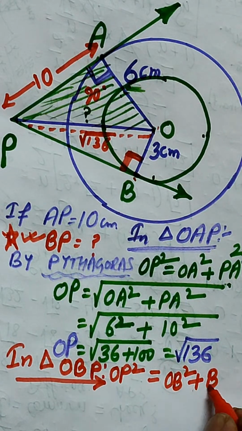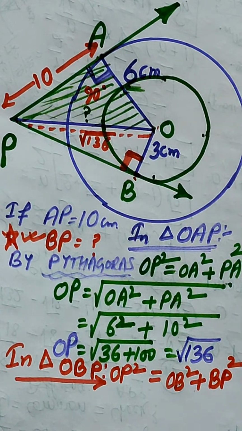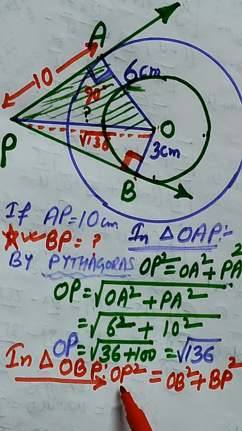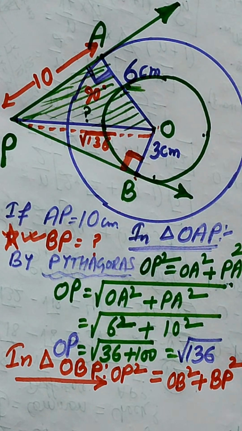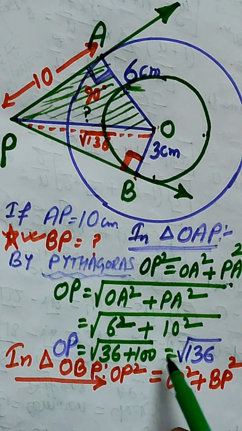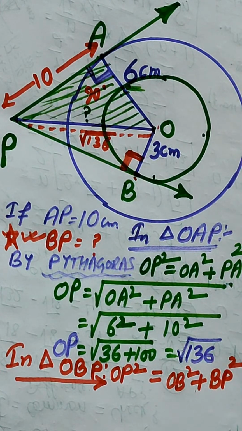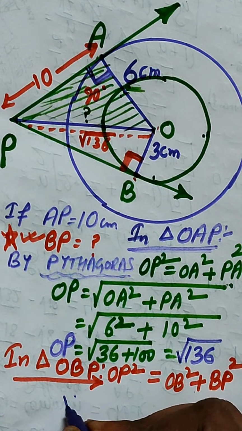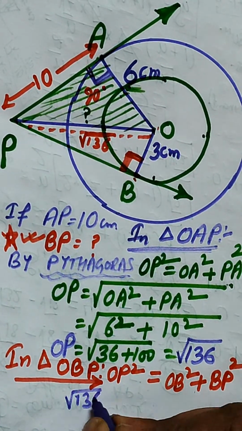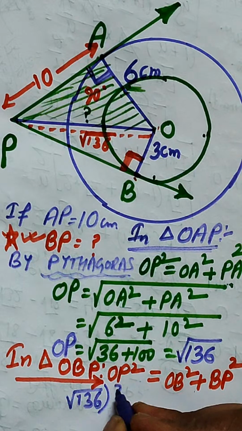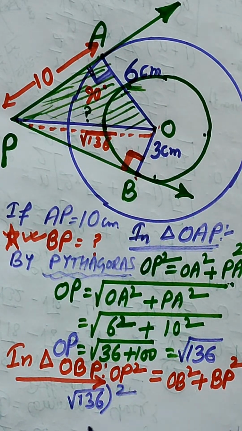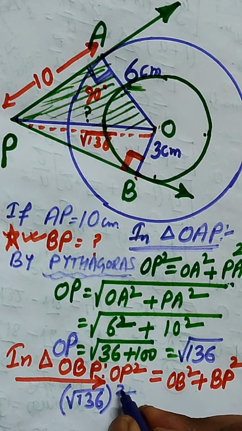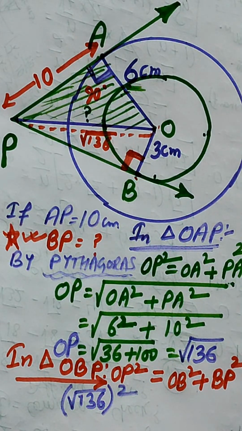So BP square. Now you know the value of OP. What is the value of OP? Which we have calculated, root over of 136. So writing the value of OP as root over of 136 and a square of this, because it is OP square. So it will be root over 136 square, right?